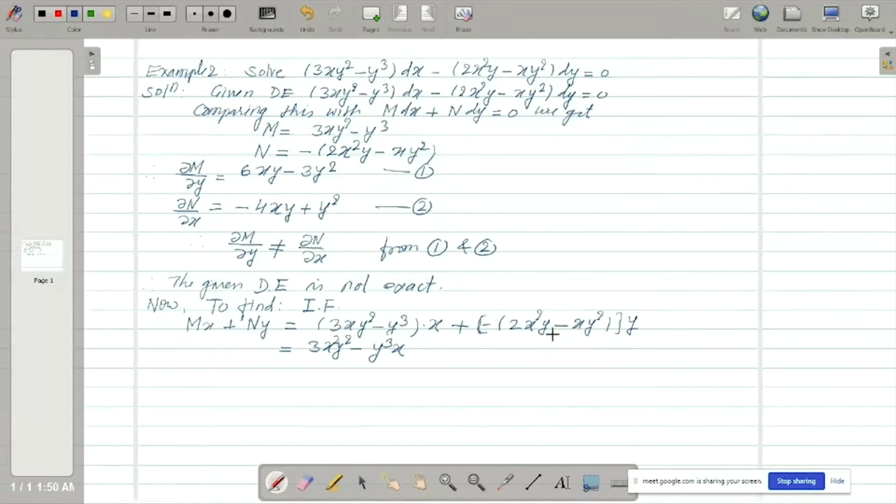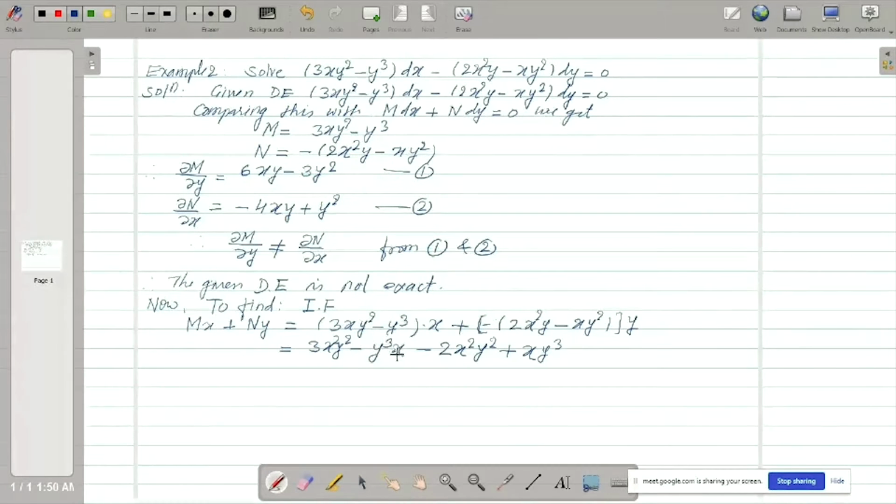Now multiply with the minus sign inside, so minus 2x²y², and minus times minus gives plus xy³.